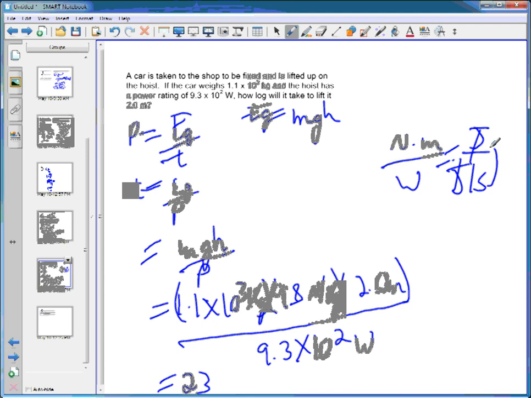The reason the seconds move to the top is that if we have joule divided by joule per second, any time in math you divide by a fraction, and joules per second is like a fraction, one over the other, it's the same as multiplying by the inverse. So this is the same thing as joules times seconds per joule. Joules cancel, seconds are left on top, and we know that this is seconds.